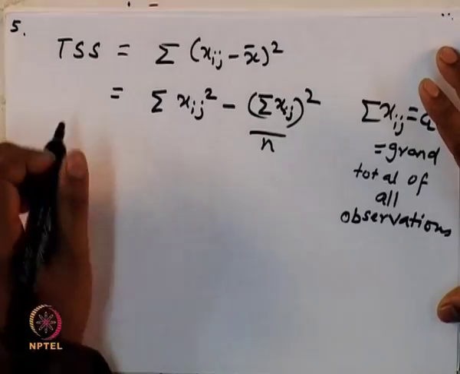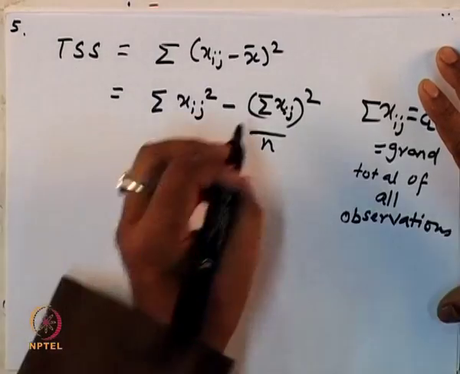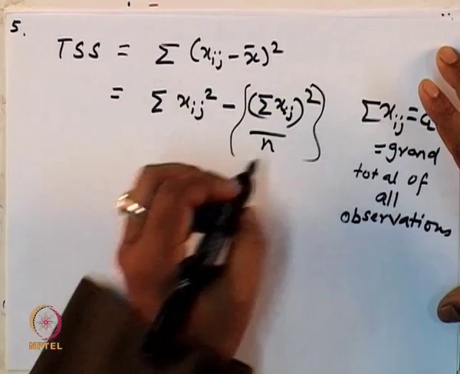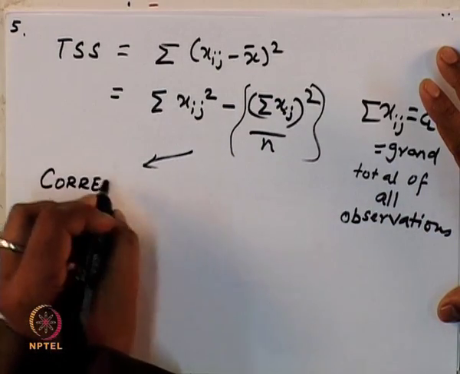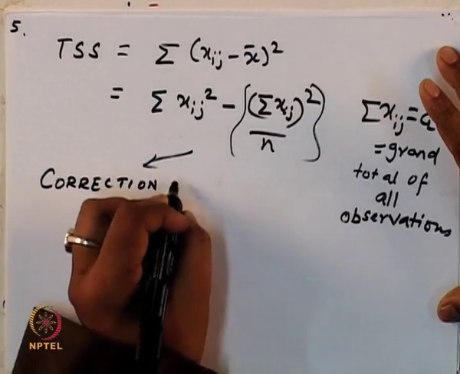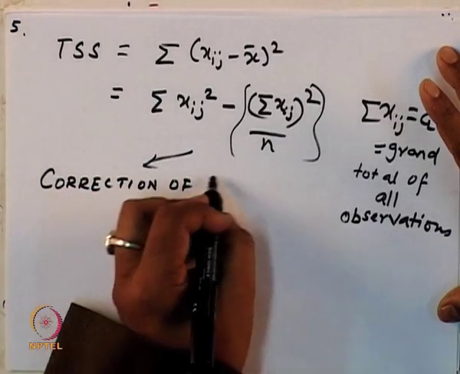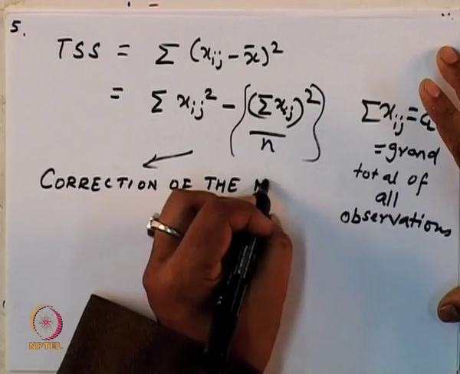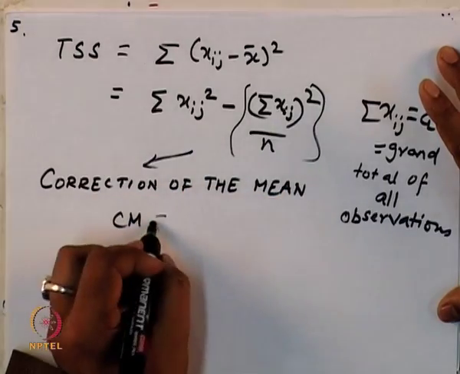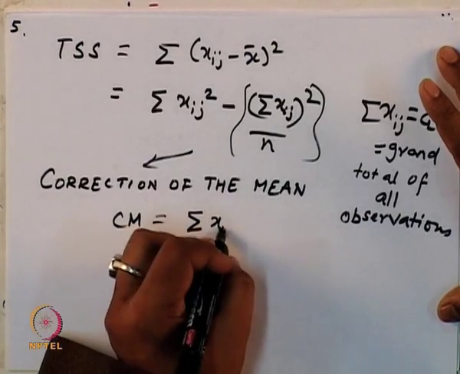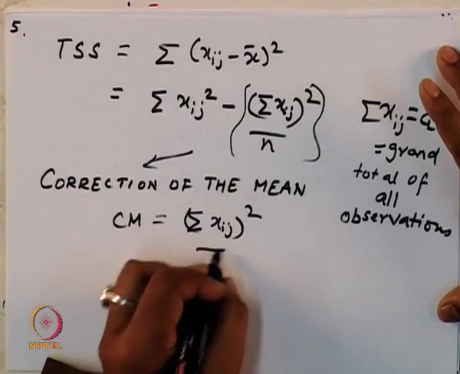And this term is referred to as correction for the mean, and referred to as Cm. So, your Cm is given by summation of xij whole square by n.